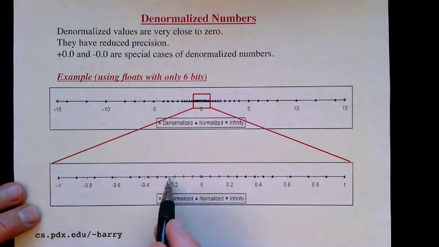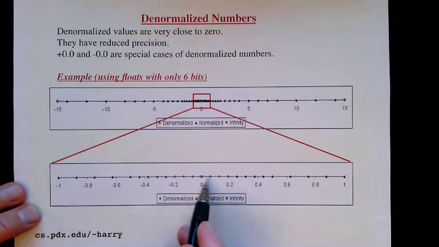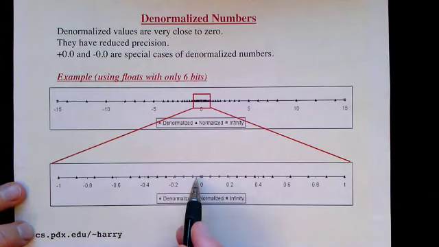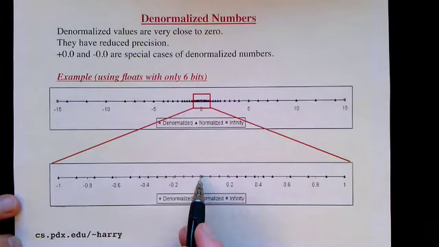And at some point around 0, we have the smallest normalized number. And then we have regularly spaced the denormalized numbers. And then we have 2 zeros. They're shown as separate points here, but they're both at 0. Okay, so this is kind of what's going on when we get close to 0.